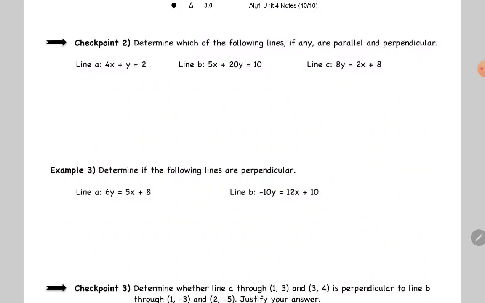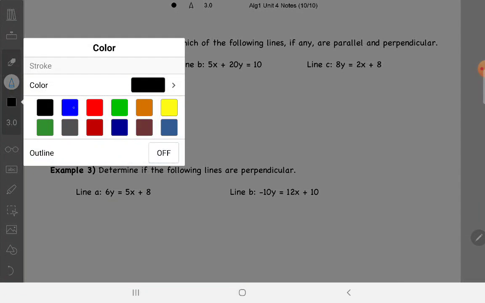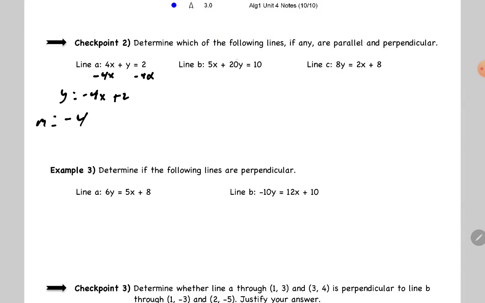Alright, let's do another one. Once again, we're going to change this into y equals mx plus b form. For this one, minus 4x, y equals negative 4x plus 2. My slope is negative 4. Line B. I'm going to subtract 5x from both sides.